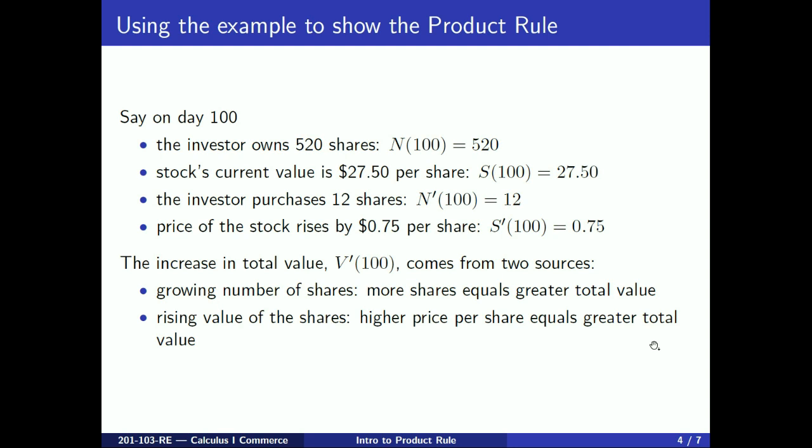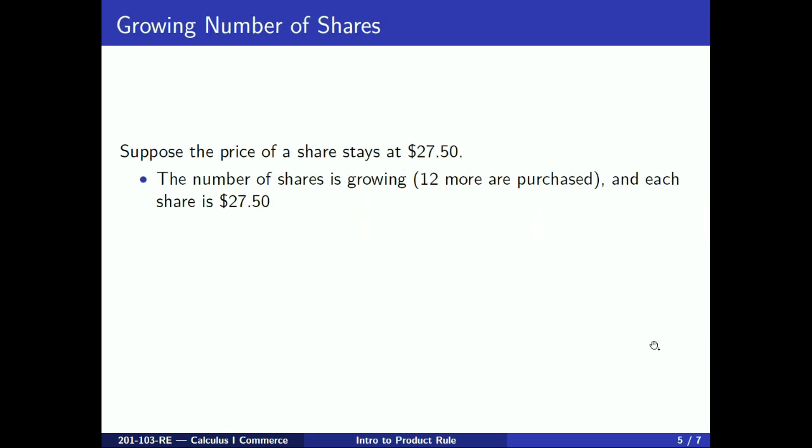So now let's focus on the growing number of shares. Suppose that the price of a share stays at $27.50. Even though in the original problem it's changing, we assume for now that it's not. So the increase in total value would only come in that case from the growing number of shares.